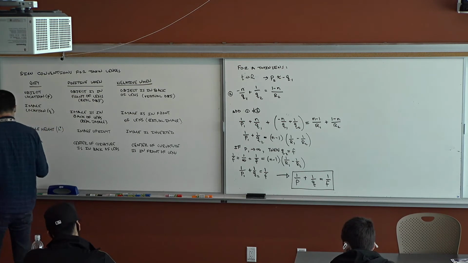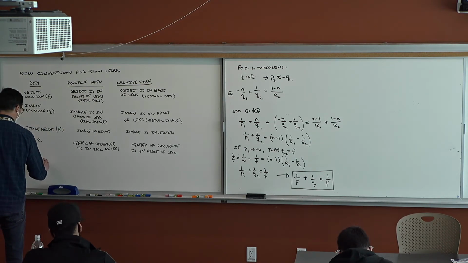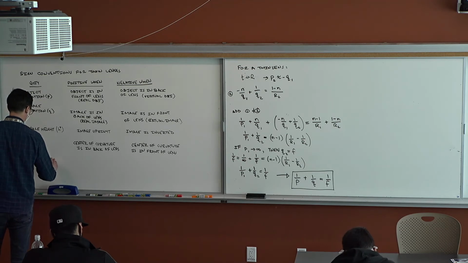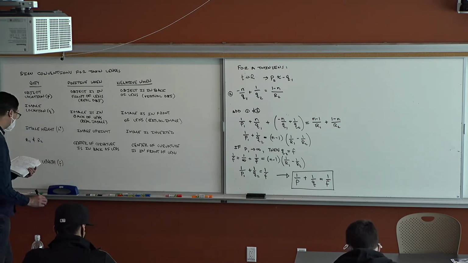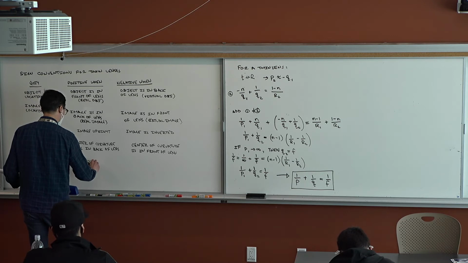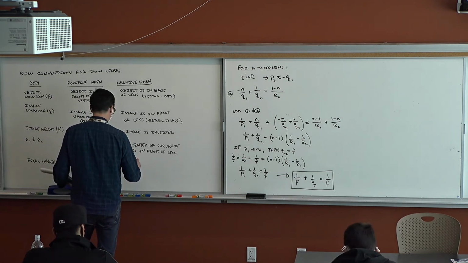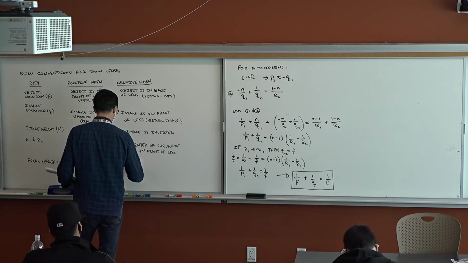And then focal lengths will be positive for a converging lens and negative for a diverging lens.